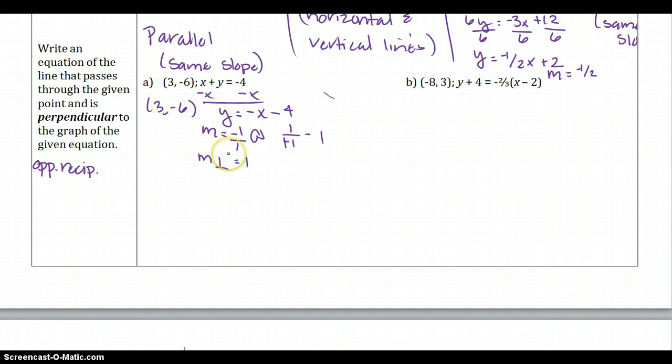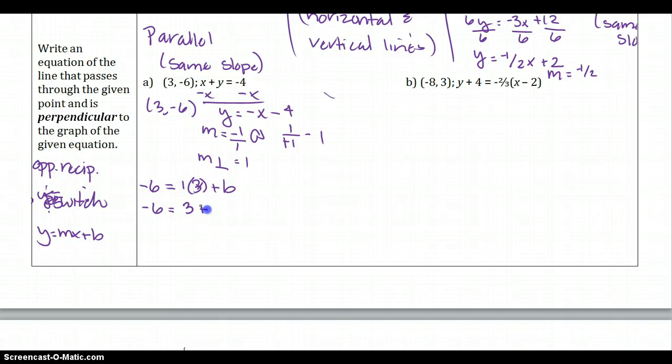Okay, I have my slope and I have a point. You could either use point slope form, or you can use what we just did before with slope intercept. Whichever one. I'm going to put negative 6 equals 1 times x, which is 3, plus b. I just chose y equals mx plus b.